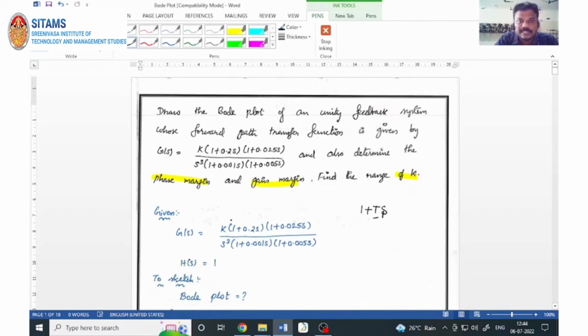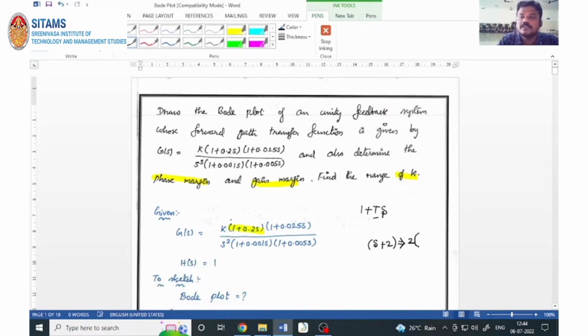If you take a simple zero, this particular term, you can see it is 1 plus 0.2s. In case you get the simple zero in this way, s plus 2, then you have to convert this term into the equivalent Bode term by taking 2 commonly out.